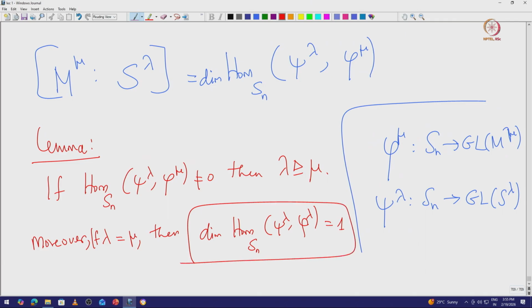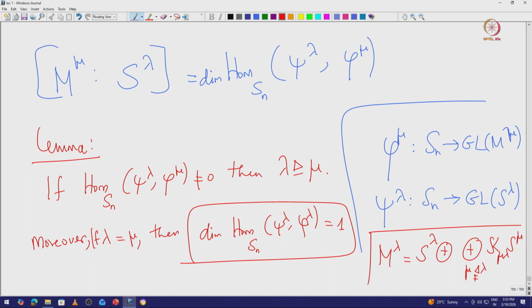That means, as I promised before, this lemma concludes that if you write M lambda as a direct sum of irreducible representations, then M lambda is given by S lambda direct sum of some k_{mu lambda} S mu, where mu is dominated by lambda, smaller than lambda.